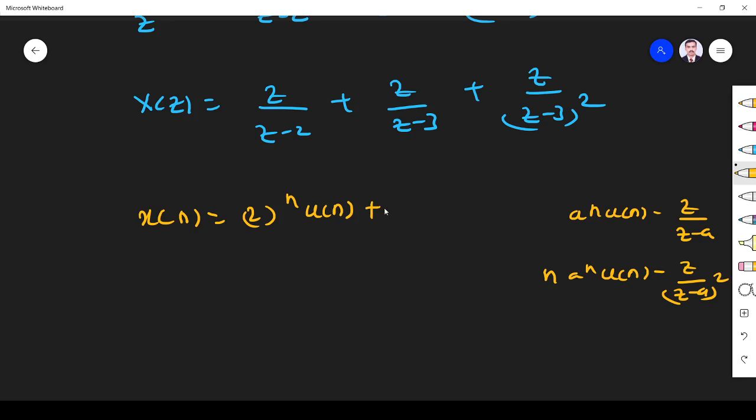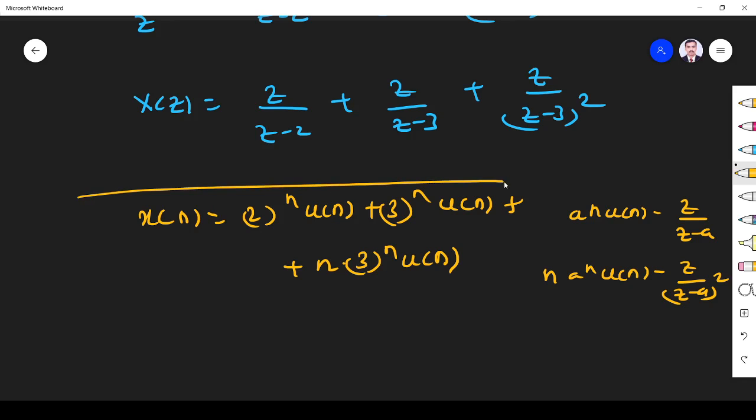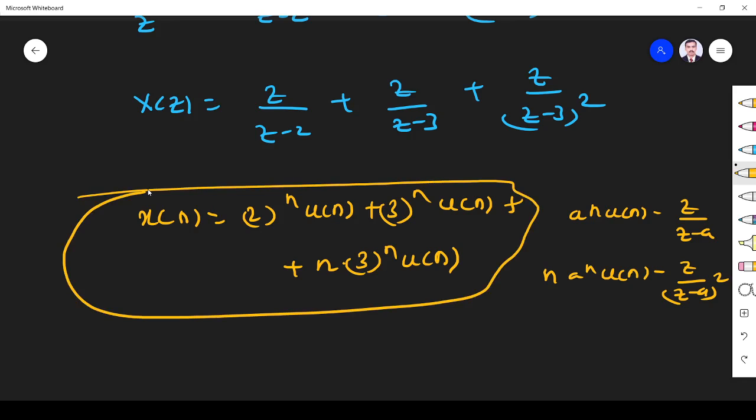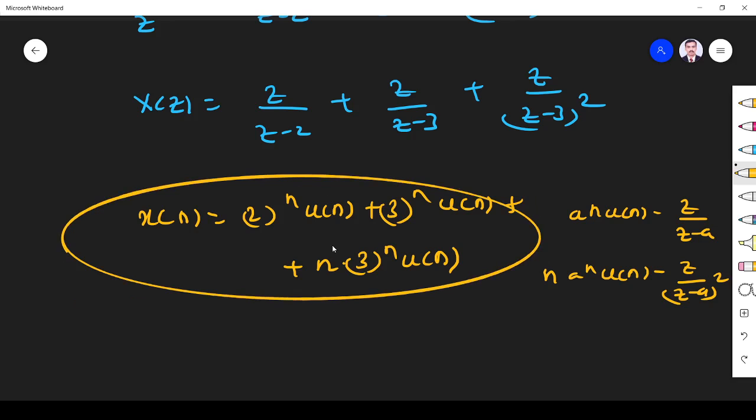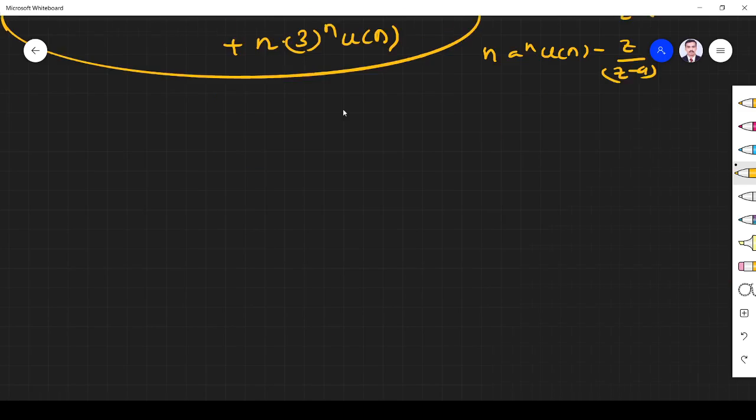Here a is 3, so 3 power n u of n. Here it is z by z minus a whole square format, so n into 3 power n u of n. So this is my inverse z transform. Fine. So an easy one.